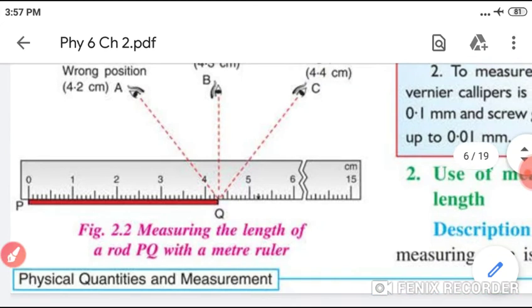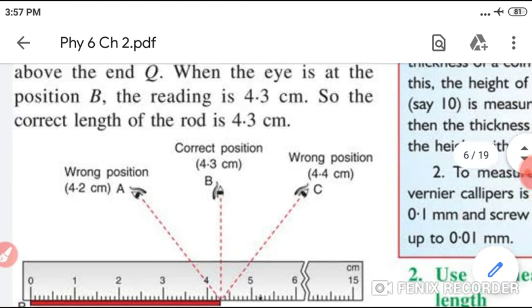That means when we keep our eye at different positions, we get different measurements.